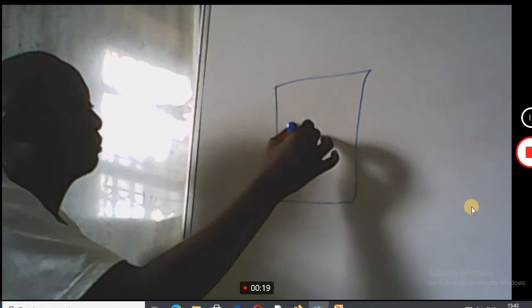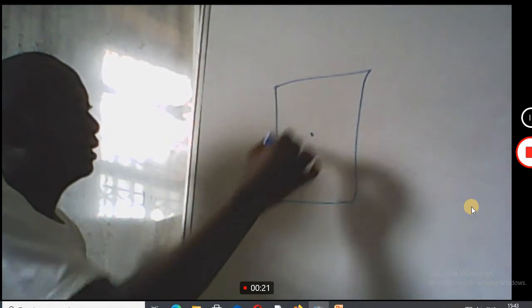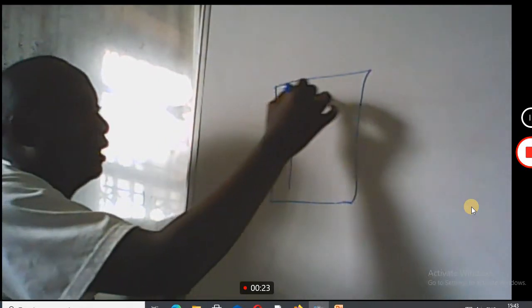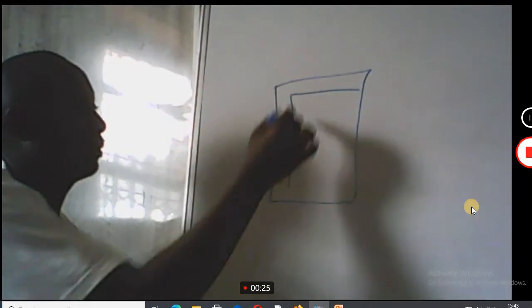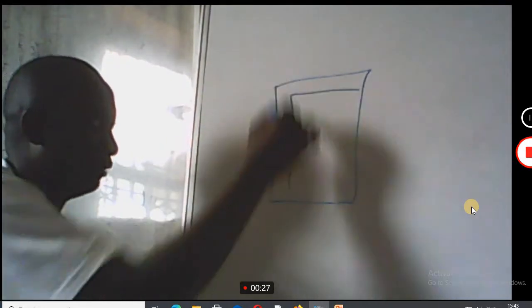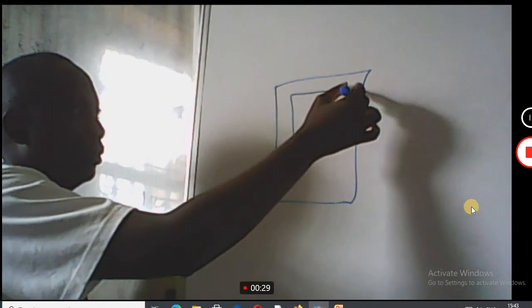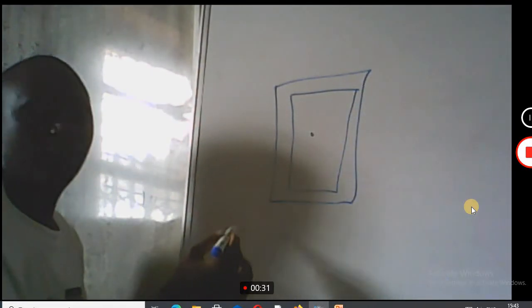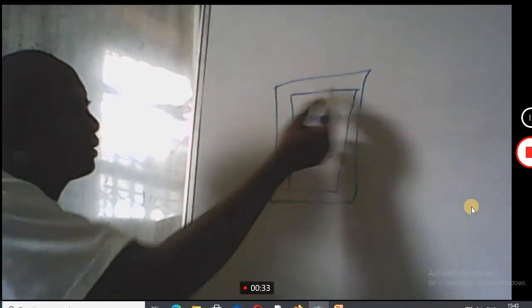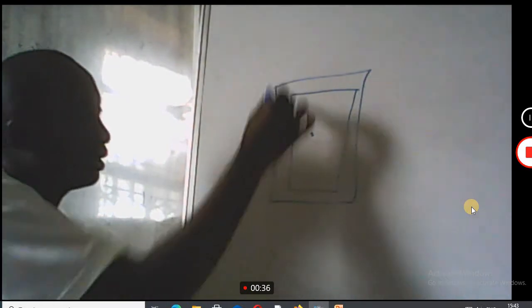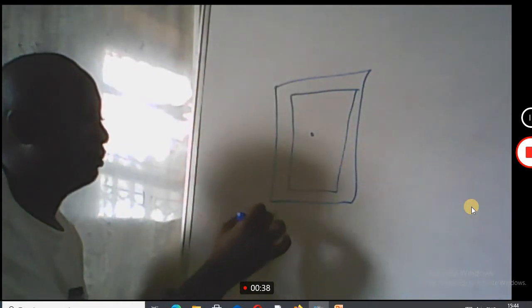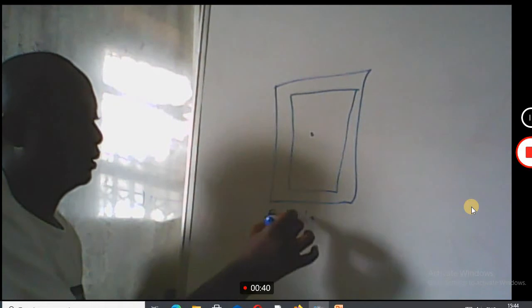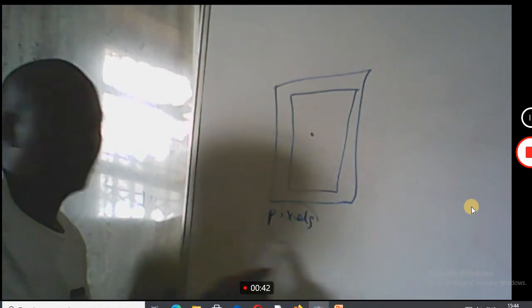It may be a spot here, so it counts horizontal and vertical. This is vertical and horizontal, so it measures it like that. Is it okay? So it will be having these squares in it. So this horizontal and vertical, we call it a pixel. Is it okay? So this is what we are referring to.